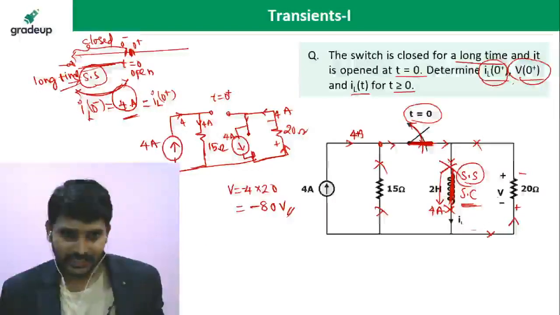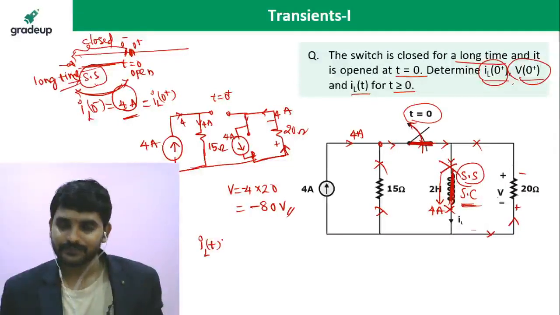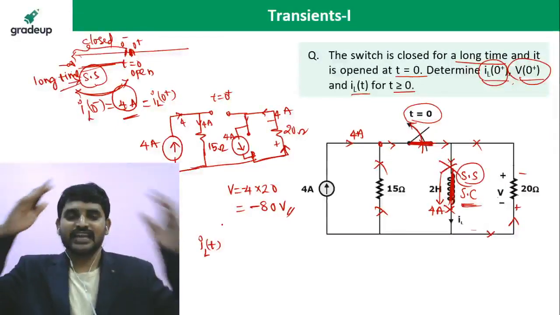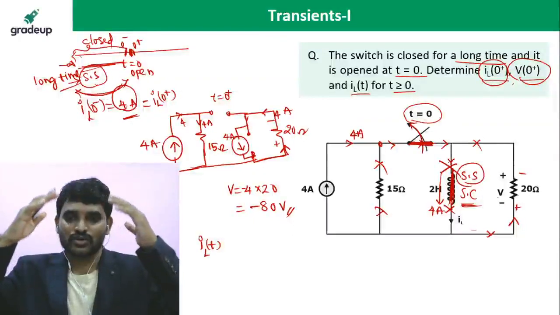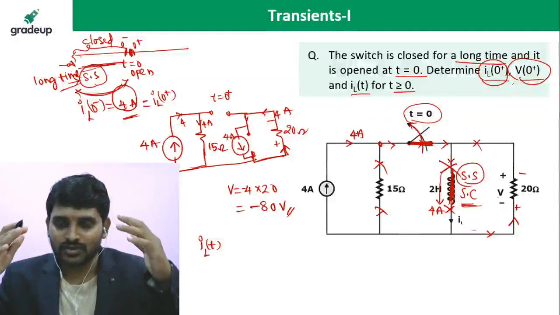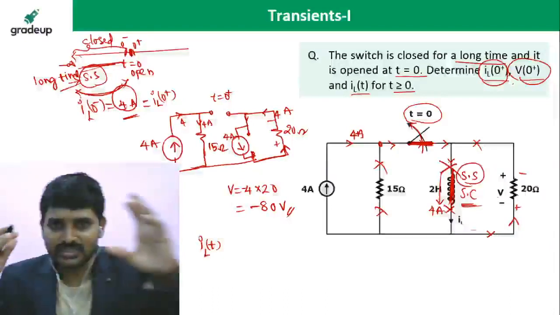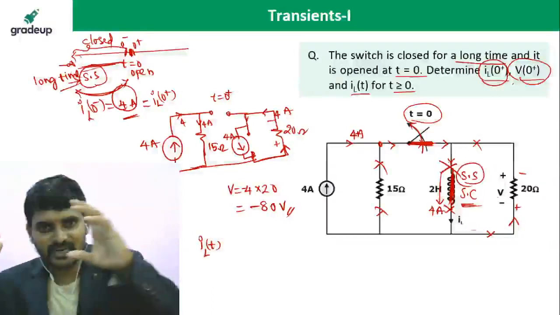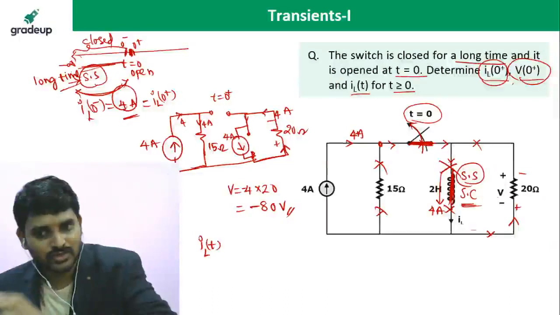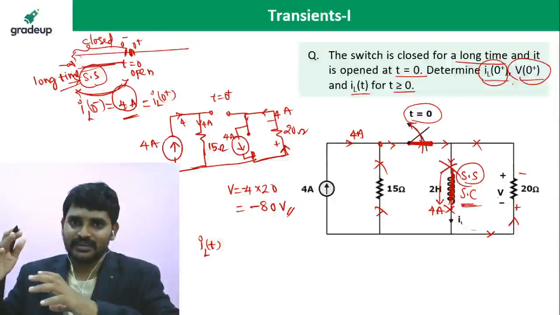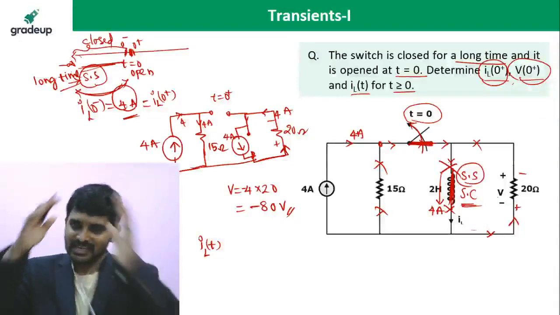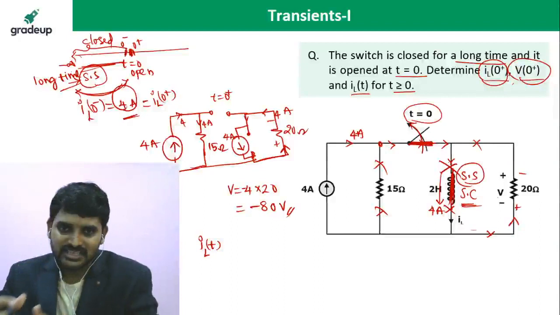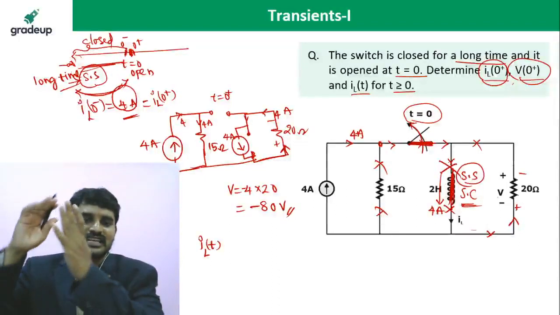What is IL of t? IL of t can be taken according to time. As time goes on, the energy stored in the inductor, when the switch is closed and the 4 amperes current source is connected, is stored in the form of magnetic field. Now when the switch is disconnected, the inductor is going to discharge the energy through the 20 ohms resistance.